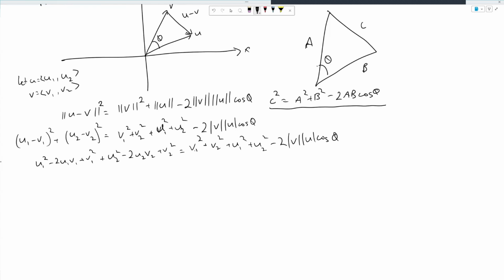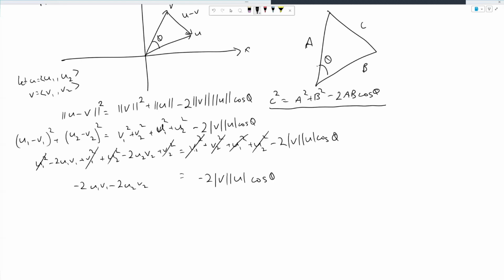Okay, great. So what we can see from the left-hand side, right-hand side, we can collect some like terms. So let's get rid of the v1 squared, v2 squared, all the squares. So squared, squared, squared, and then you're left with minus 2. I shouldn't skip a step here. Minus 2 u1 v1 minus 2 u2 v2, which is equal to minus 2 v u cos theta.